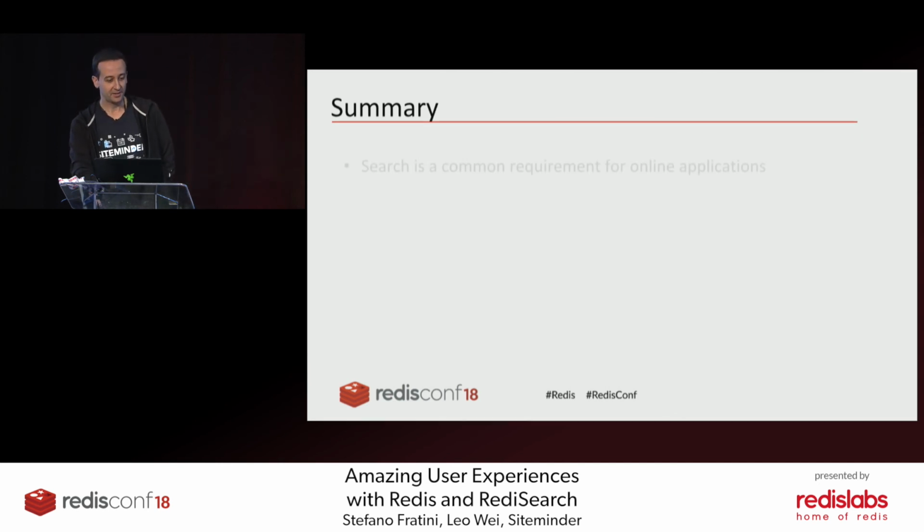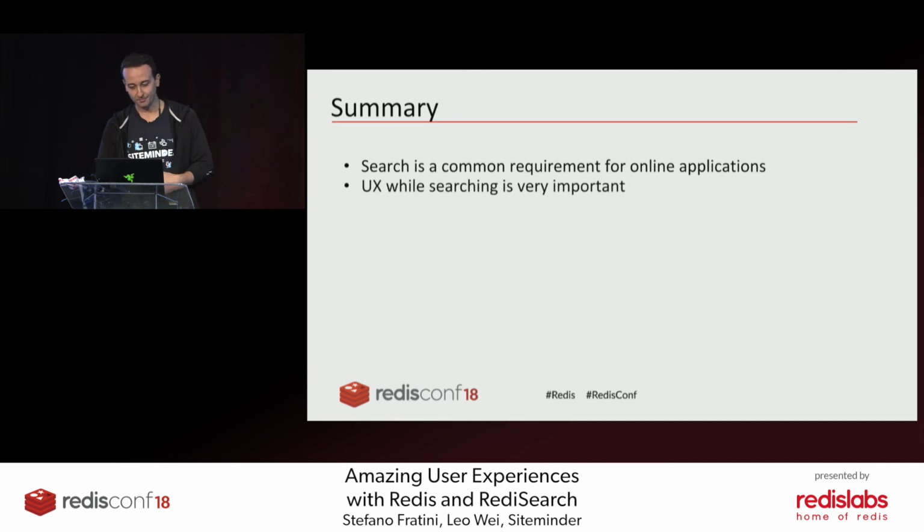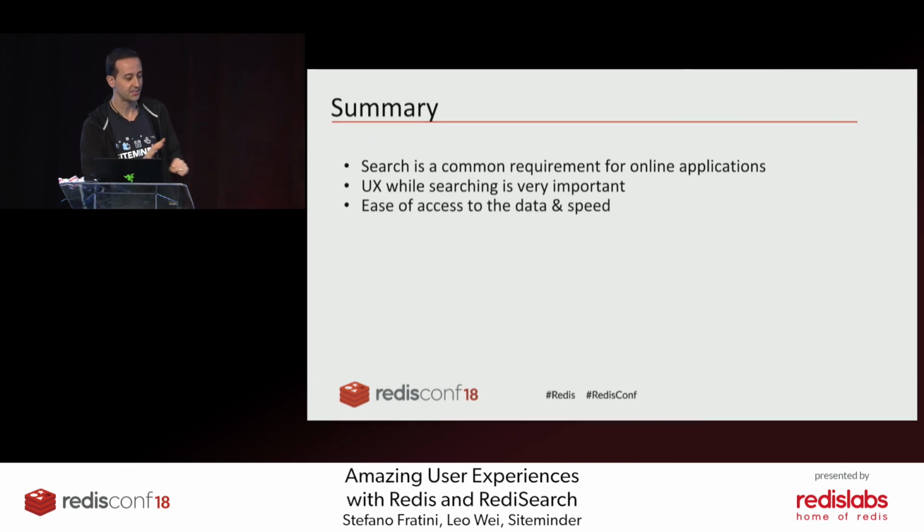So to sum it up a little bit, search is a very common requirement for online applications. UX while searching is very important because you want to give ease of access. You want to make the search results return very quickly. By the way, in the demo that we've shown, we are using Redis also as a primary data store. That does help.